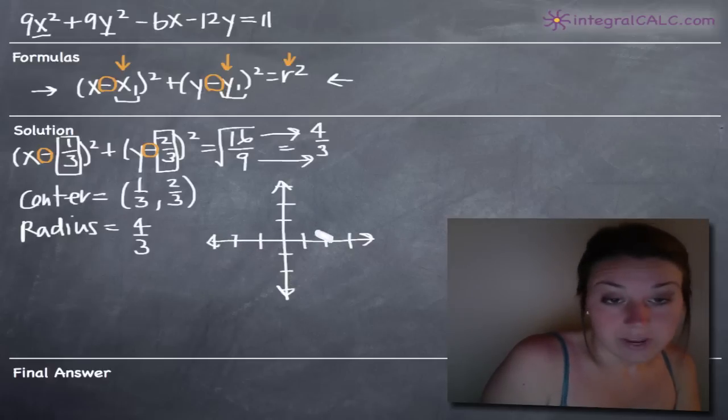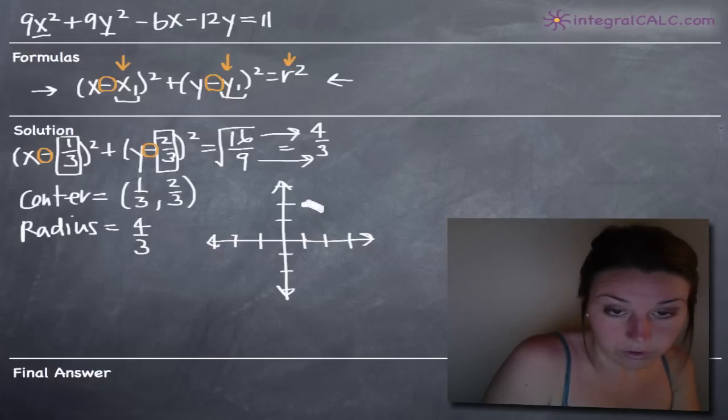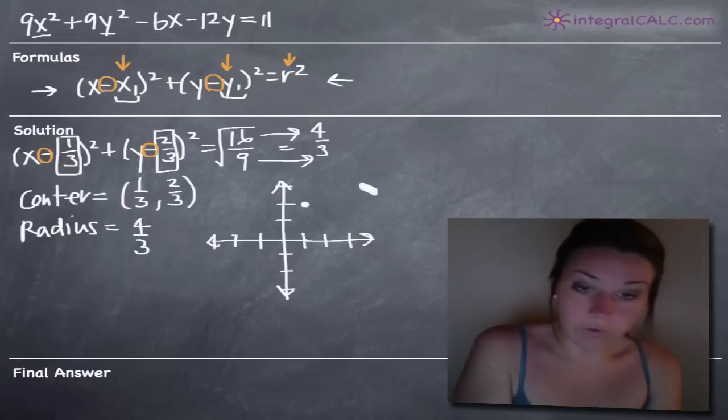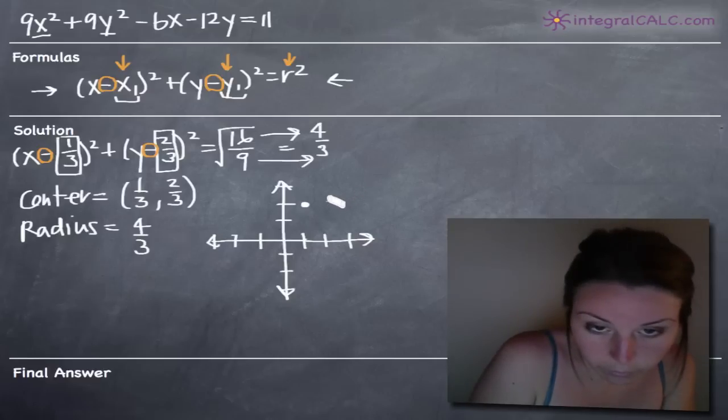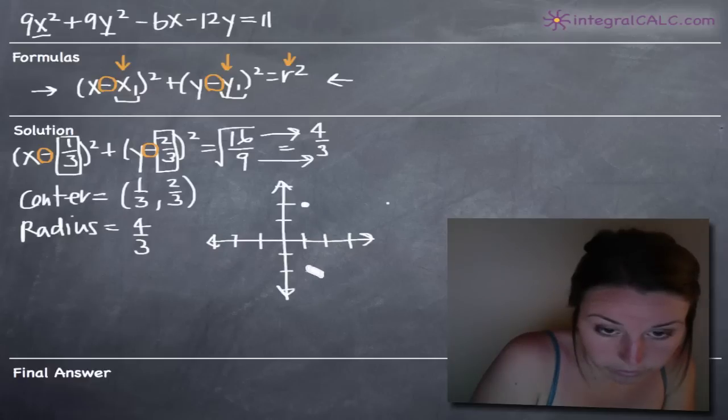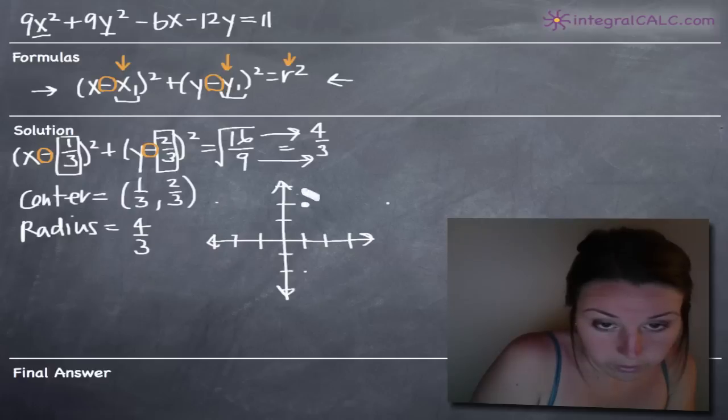Okay, so our center is at 1/3, 2/3, and then our radius is 4/3, so it's 1 1/3. So we need to move over 4 tick marks. So 1, 2, 3, 4, about here. It's going to be a big circle.